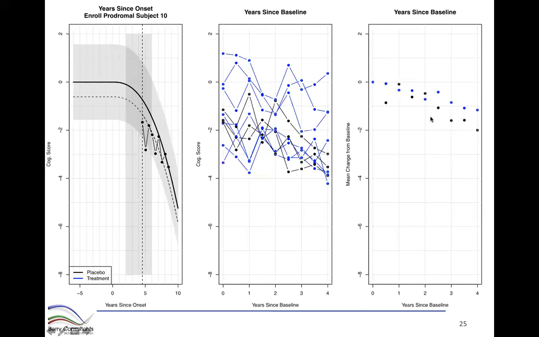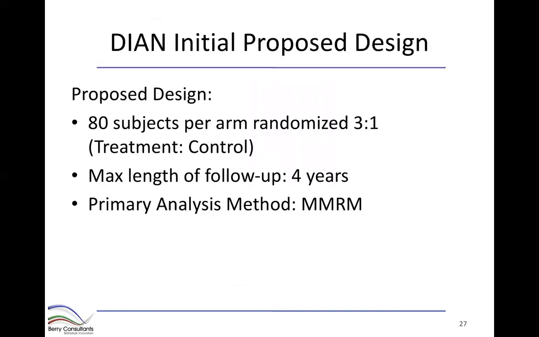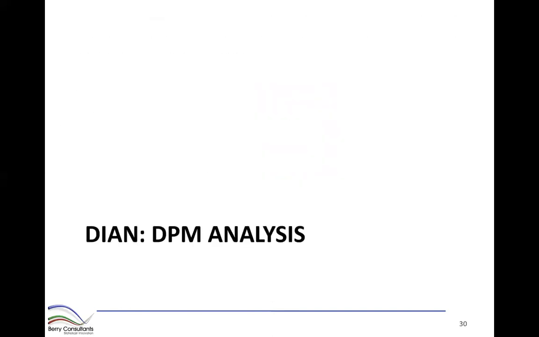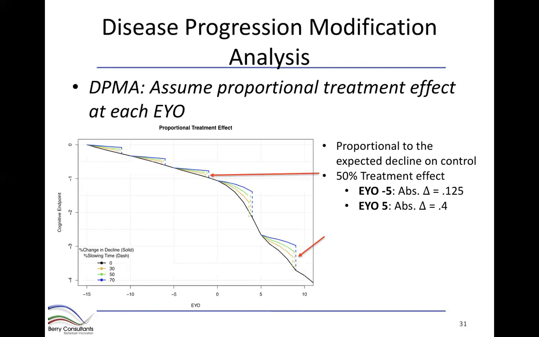So it would be great if we had some sort of model that used the earlier time points as well to understand this difference between treatment and control. And that's exactly what this disease progression model can do if we can incorporate a treatment effect parameter into it. So in DIAN, we incorporate this parameter that essentially is the slowing in the rate of progression. It assumes that there's a proportional treatment effect at each EYO.